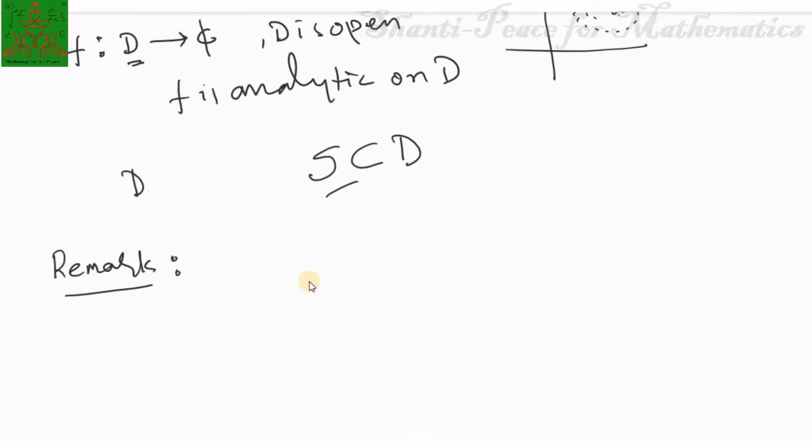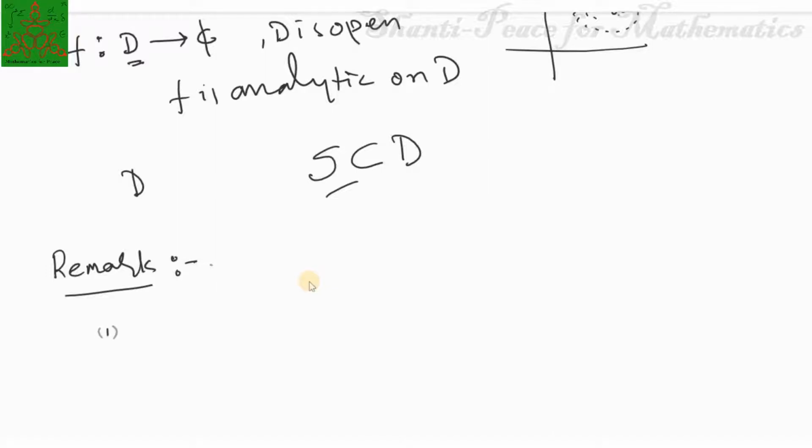Let us note some remarks. Since analytic functions are much stronger than differentiable ones, and depend on the derivative of a function, all the results we have discussed about differentiability we can extend to analytic functions also. The necessary and sufficient condition for differentiability that we have talked about, we can also state for analytic functions.